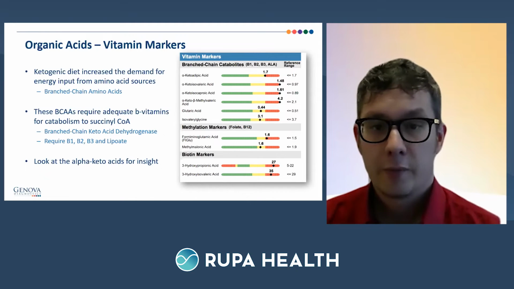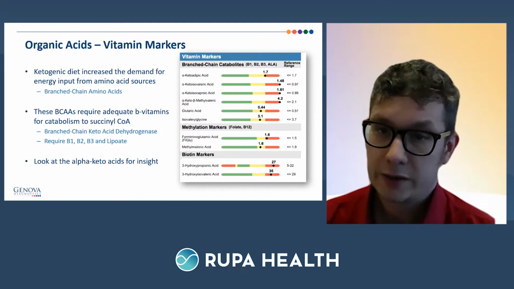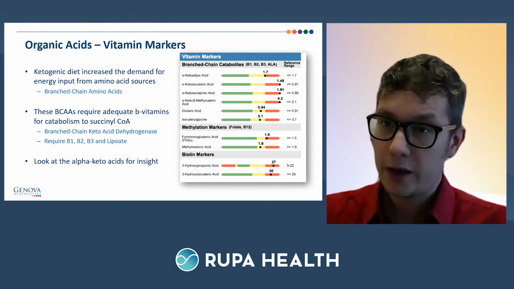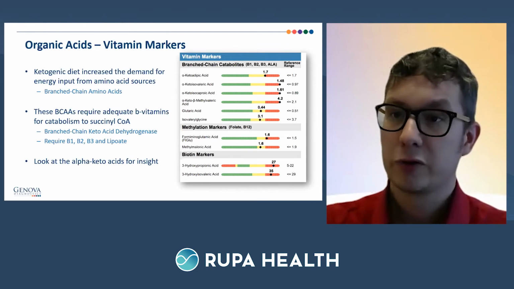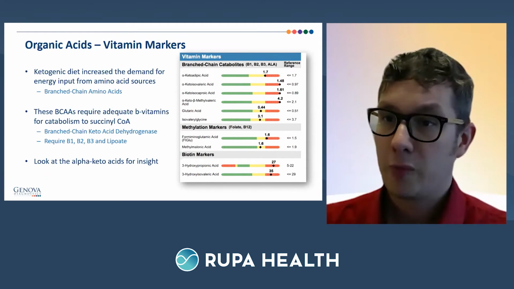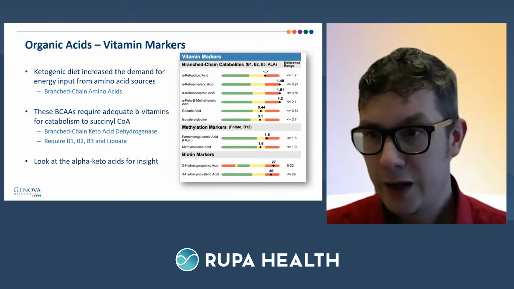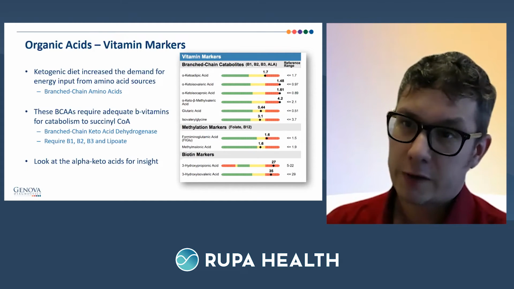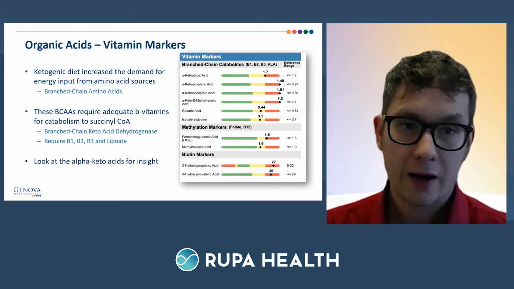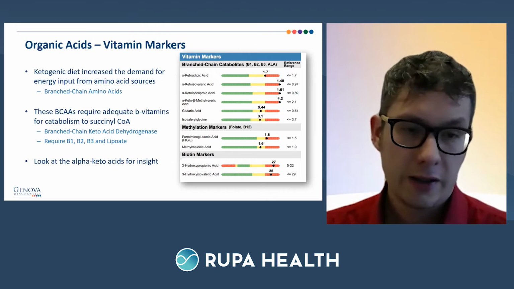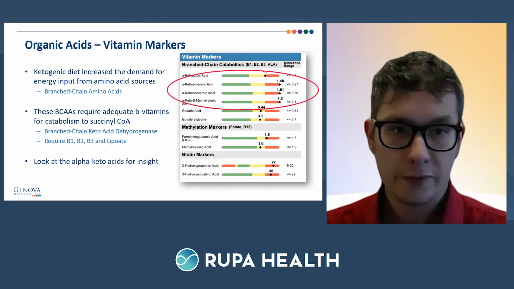And then B1, B2, B3, and alpha lipoic acid are also incredibly important, because what they are doing is lubricating that entire system. They're the cofactors needed to turn our branched chain amino acids into energy ultimately at the end of the day. So I think looking at alpha keto acids for insight around that shift in energy production in response to a ketogenic diet is also going to be quite helpful.